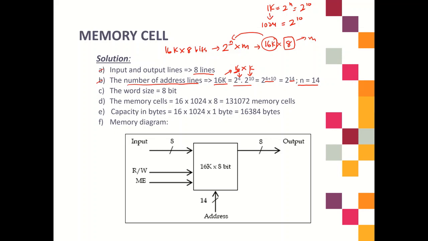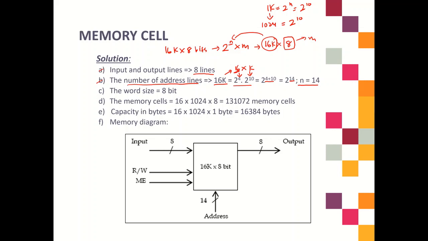Other than this method, you also can find the value of 16K, which is 16 times 1024, and then find the power of 2 for that result.